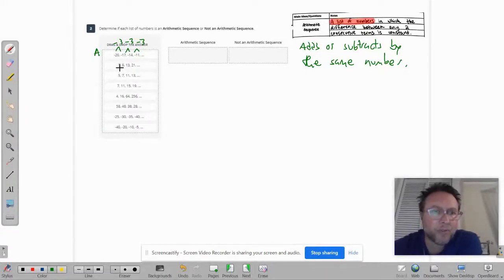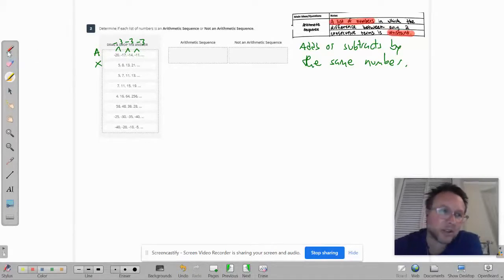5, 8, 13, 21. Well, that goes up by 3, and then it goes up by 5, and then it goes up by 9. So it's not going up by the same thing each time. So this would not be an arithmetic sequence. Let's look at this one. It goes up by 2, goes up by 4, then it goes up by 2. Again, what we're looking for is that it goes up by a constant amount.